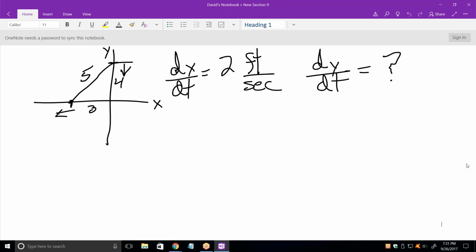Okay? So the way we solve this, it's not obvious at all. You would have no way of solving this without calculus. Impossible. You see why? And do you see why it's called related rates? Because we know one rate. We know the rate that x is changing, and we're trying to figure out the rate that y is changing.